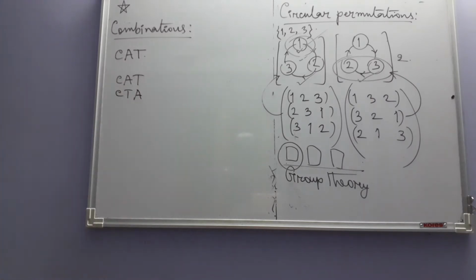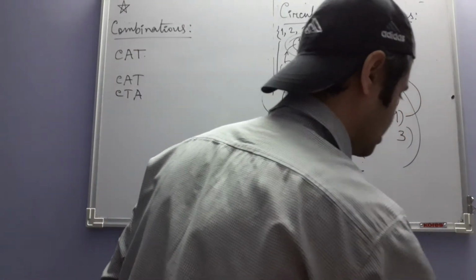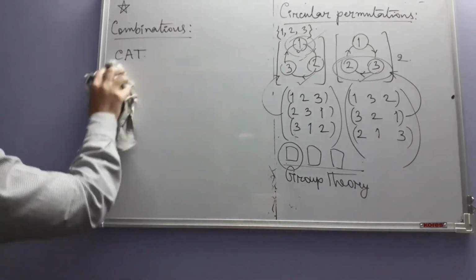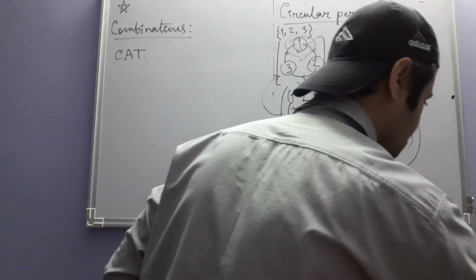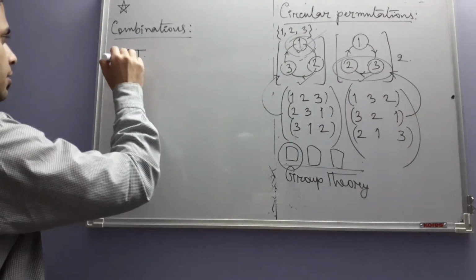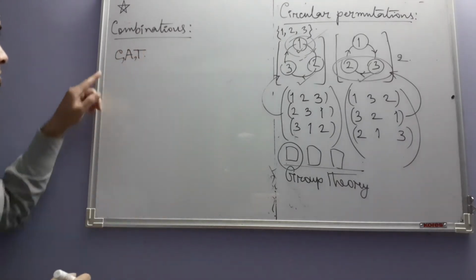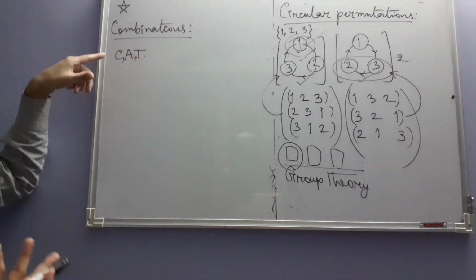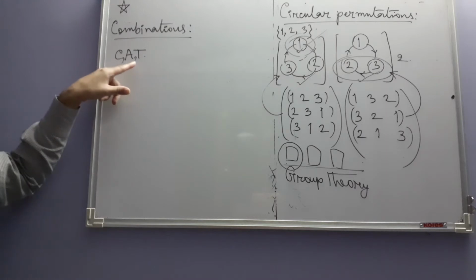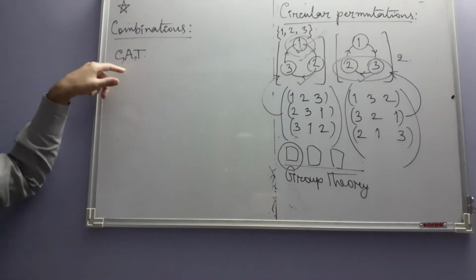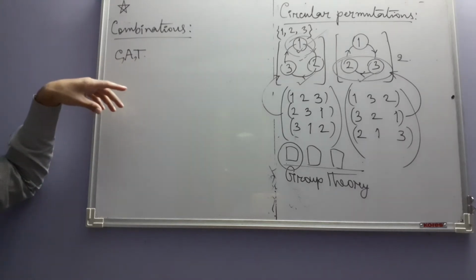Or, no, not all the objects I'm going to take out of these three letters. Am I being vague? What I'm trying to do is that, again, we have a word and we consider the letters, and now we want to form groups.